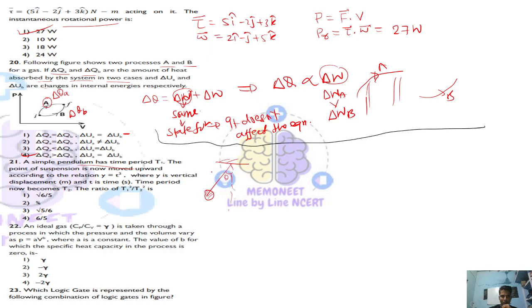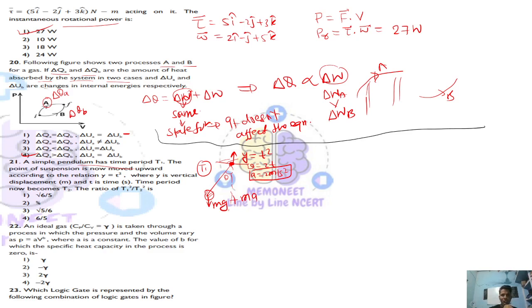The point of suspension is now moved upward following the relation y equals t square, meaning velocity is 2t and acceleration is 2 meter per second square. The acceleration is constant, mg is acting here, and now a pseudo force will also act on it.